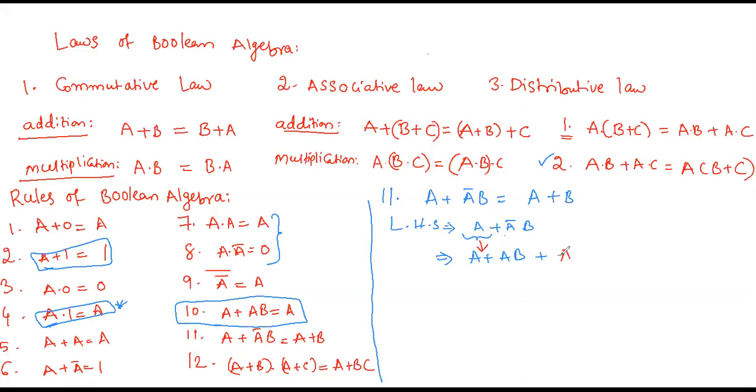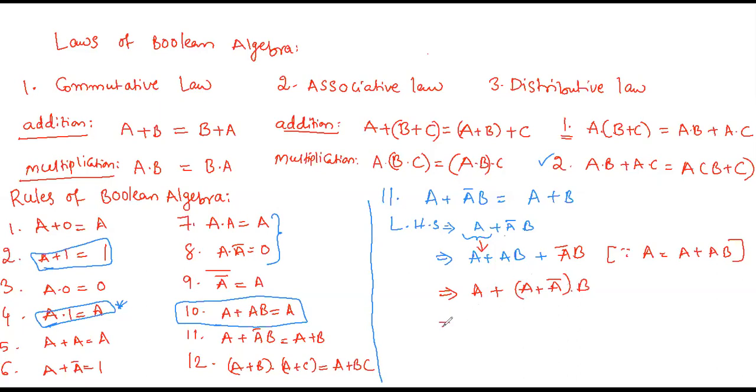Now A bar B you write down, since A is equal to A plus AB. Now A plus AB plus A bar B. Here AB is there, A bar B is there. You can take B common.